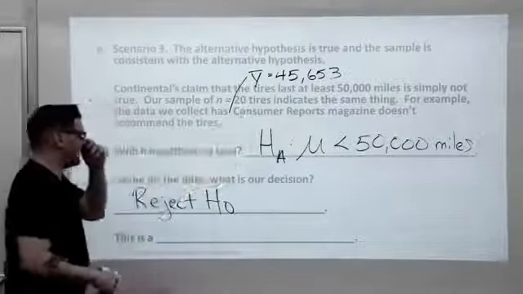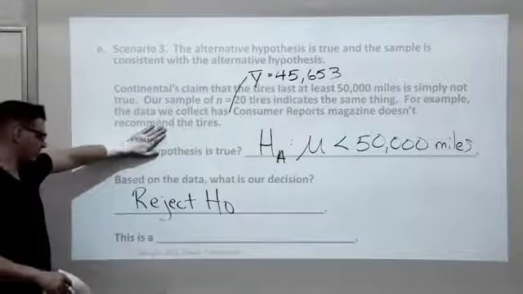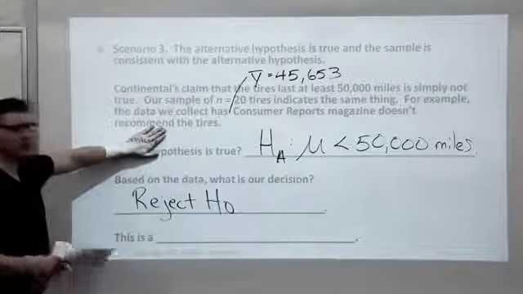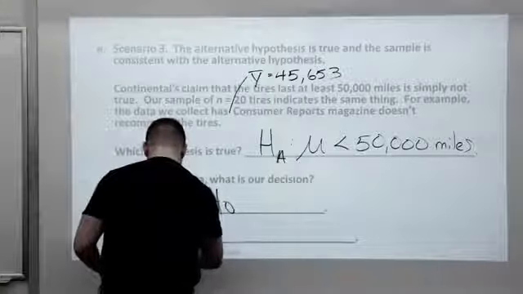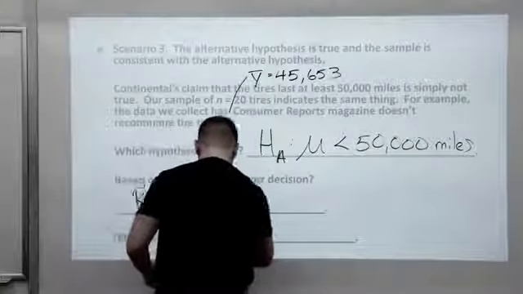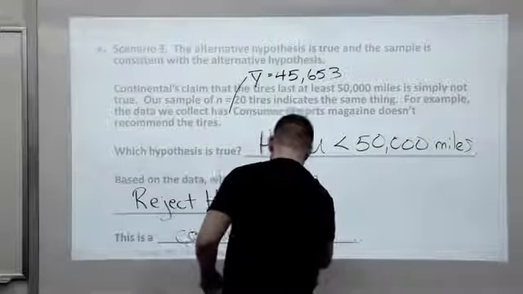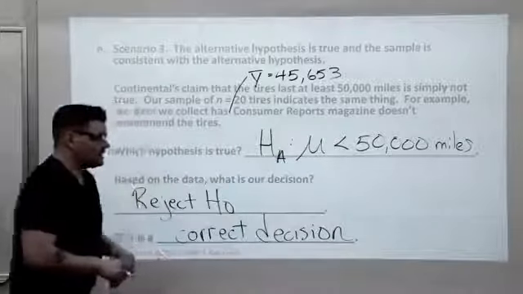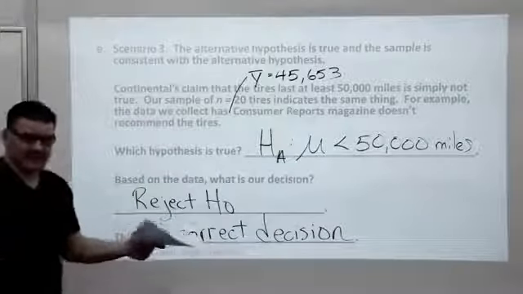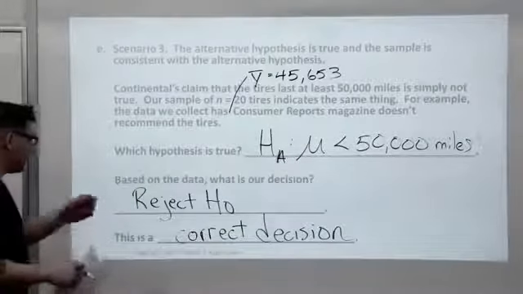Consumer Reports magazine, that's us. We don't recommend the tires. We properly don't recommend the tires. This is a correct decision. Statistically, we've done the right thing. From Consumer Reports magazine, we've done the right thing.